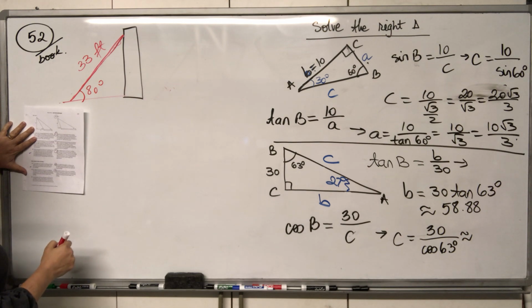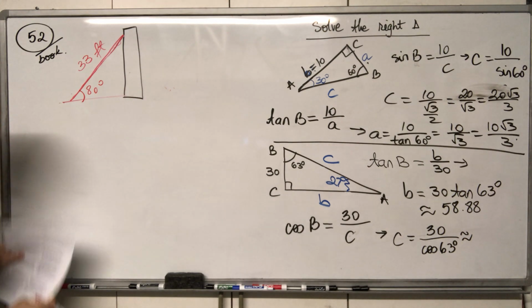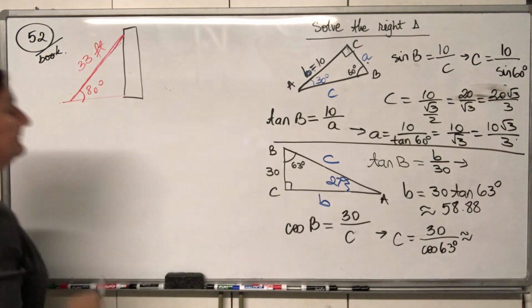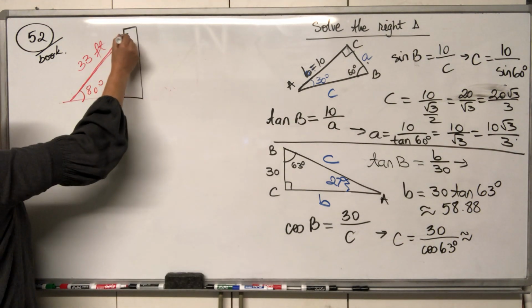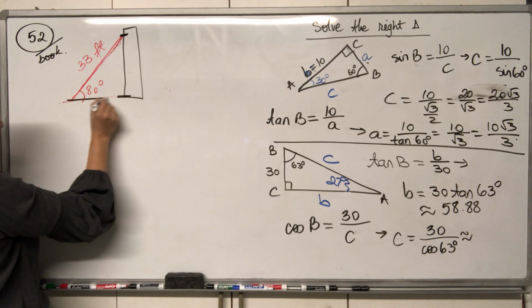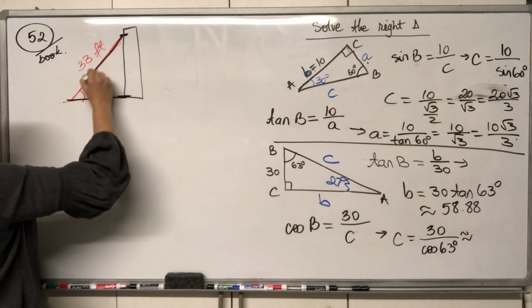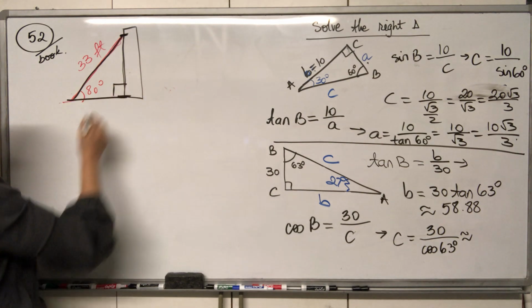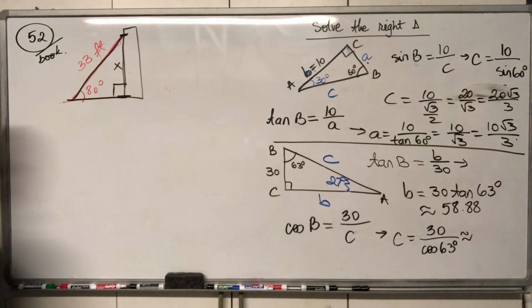How high does the ladder reach up the side of the building? So the building might be taller, and the ladder only reaches up to here, and that's perfect because that's exactly what we could find out of this right triangle. So I want this side here, I'm going to call it X.